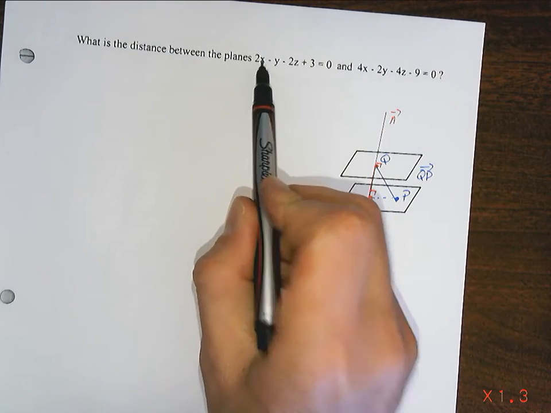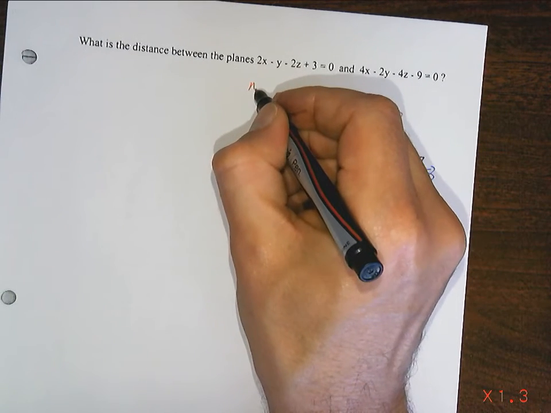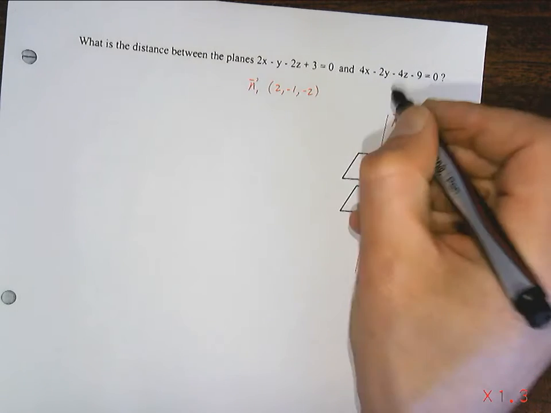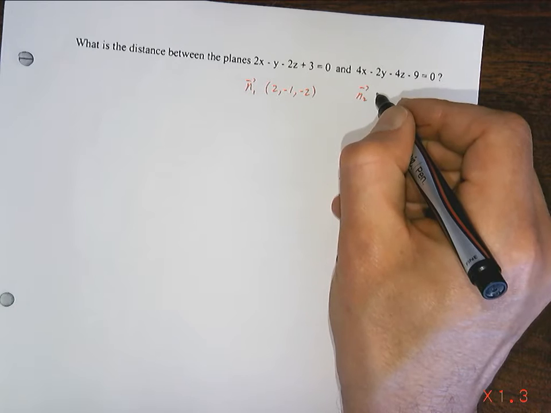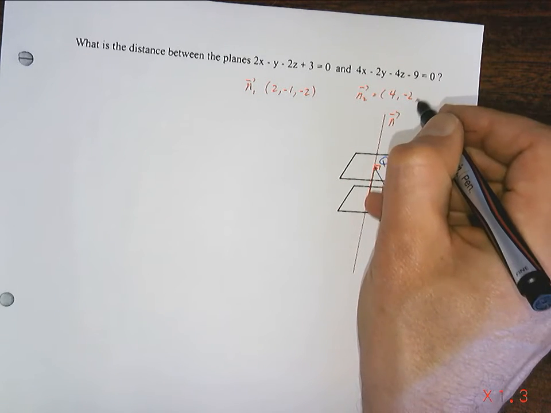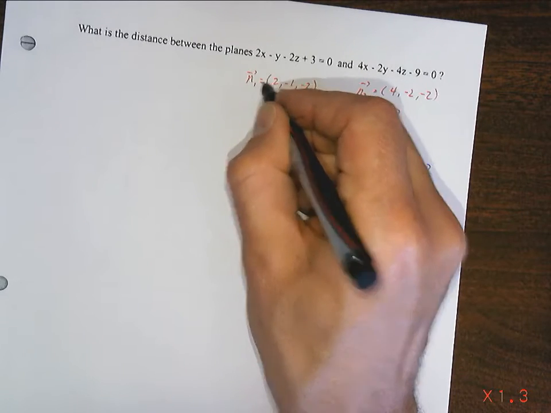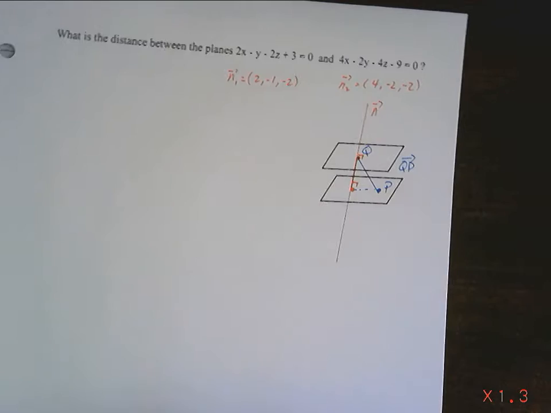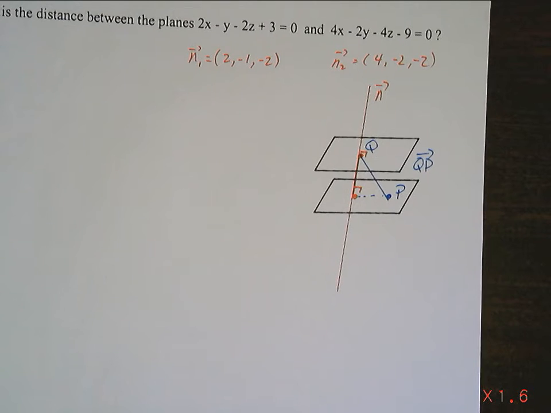So looking at this, the normal is 2, -1, -2. This normal is 4, -2, -2, which you will notice that they are scalar multiples, so we can use the same normal there. Maybe I need to zoom in so that you can see that a little bit better.